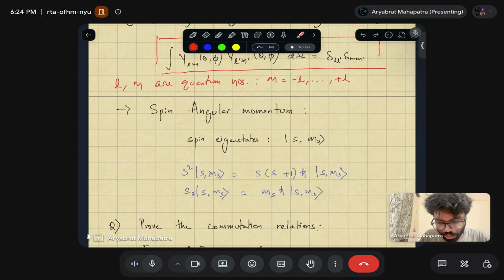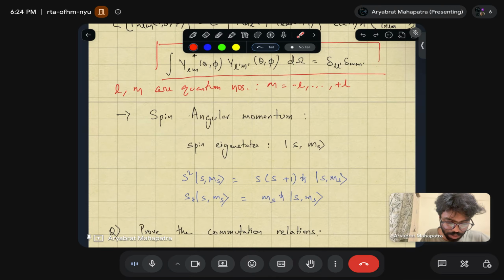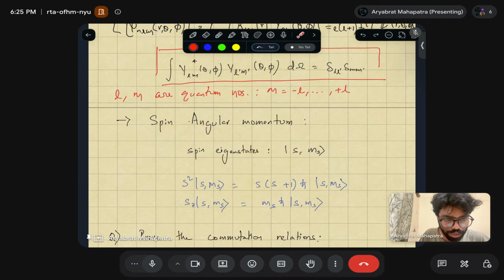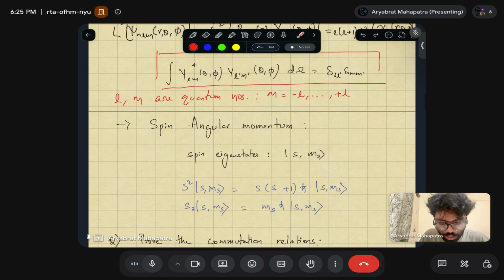If you see the behavior of spin, or the mathematical structure of this physical observable when we try to study it, you will find that it is identical.